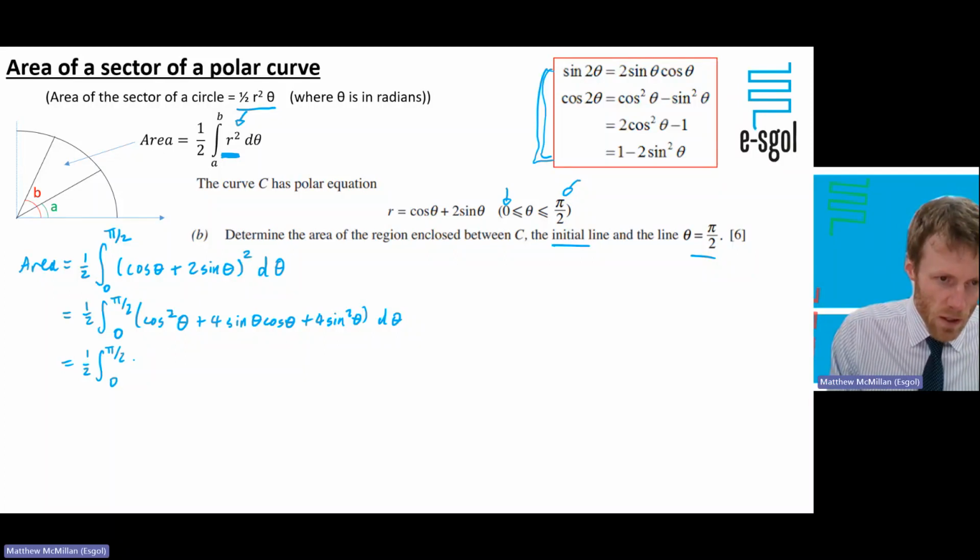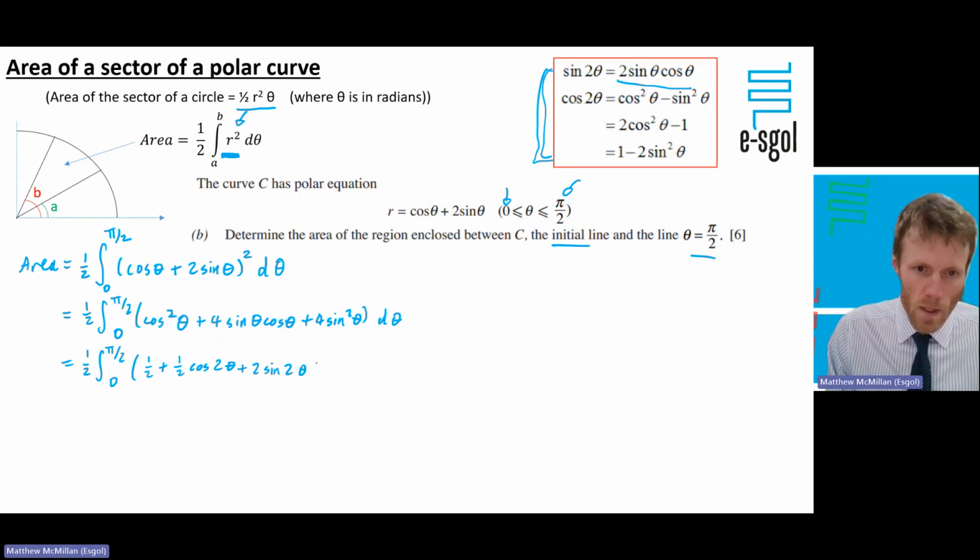So the first bit is going to be giving us a half plus a half cos 2 theta. And then the next bit, because it's 4 sine theta cos theta, and I can see 2 sine theta cos theta turns into sine 2 theta, this is going to give us 2 lots of sine 2 theta. And then because it's 4 sine squared, I'm having a look at this one here, and we're getting 2 minus 2 cos 2 theta.